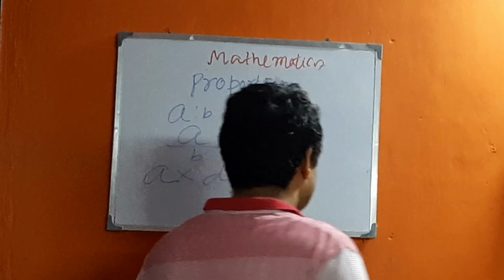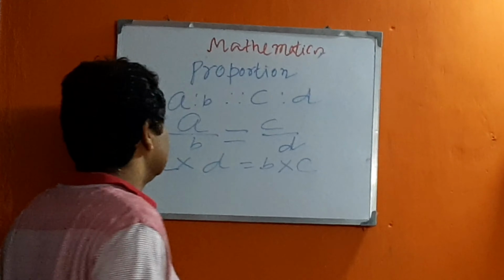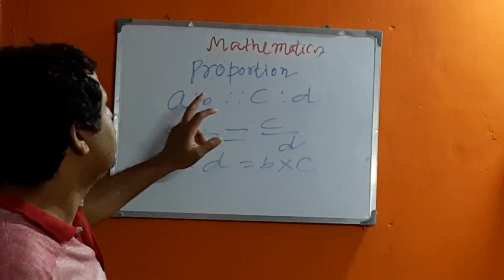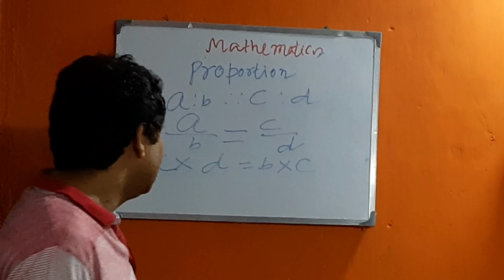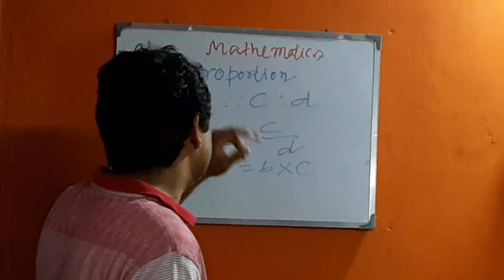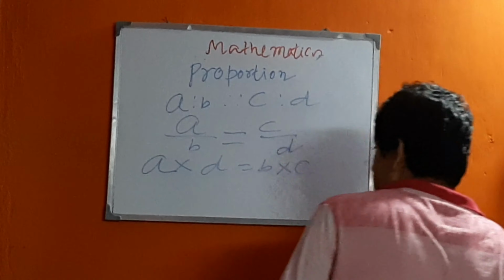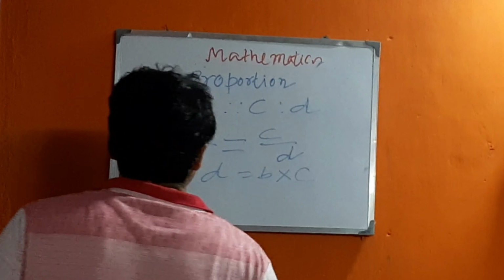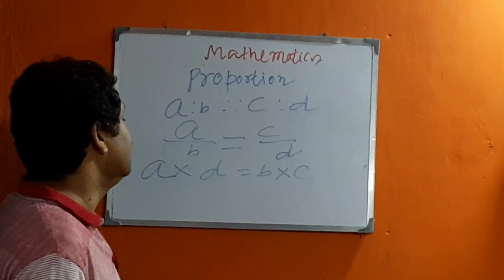Other things to note: when there are 4 terms in a proportion, the terms are known as first term, second term, third term and fourth term. Also known as the antecedents and consequents. In a ratio, we write A is to B, that means antecedent and consequent.